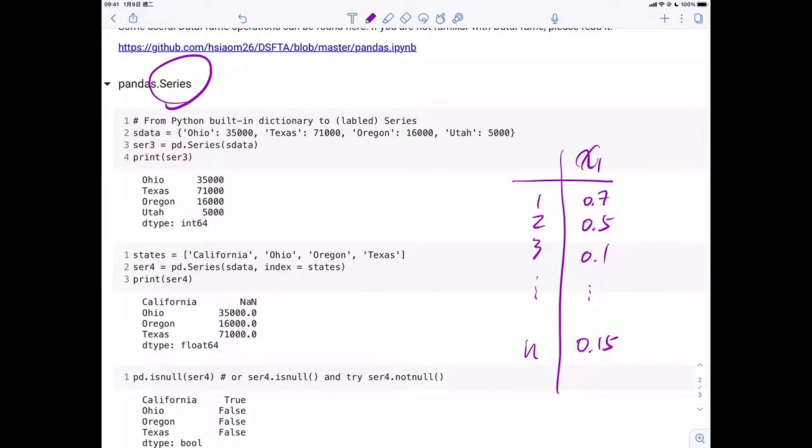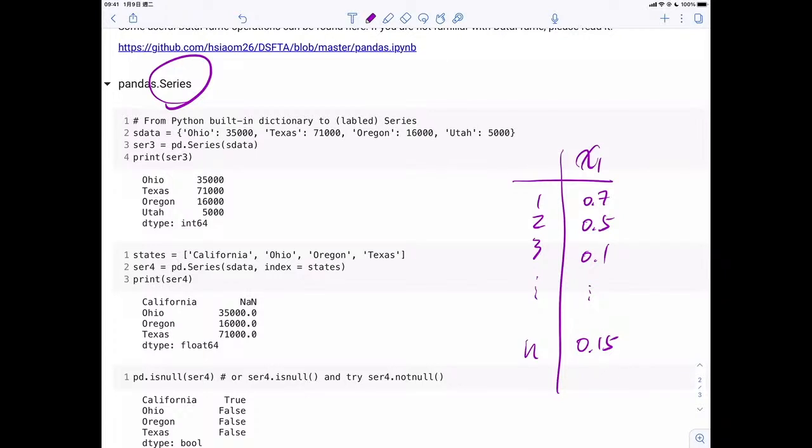It is a data structure. We will not go over everything about the pandas series data structure, but make sure you read some documentation, or you go to Google and find some examples of how to manipulate the pandas series data structure.